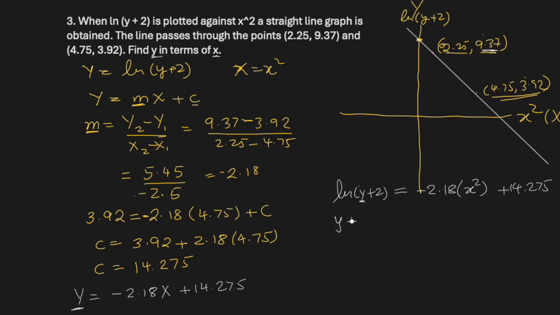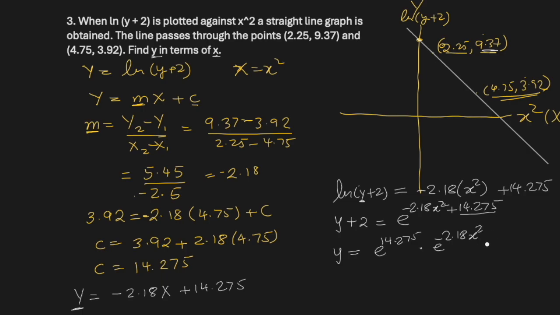So when the natural log goes, the other side becomes the power of e. So it will be e to the power of negative 2.18 x squared plus 14.275. Y equal to, I need to isolate this, so the 2 will go and be subtracted, and because these are adding, let me write e to the power 14.275 alone, and then e to the power negative 2.18 x squared separately.